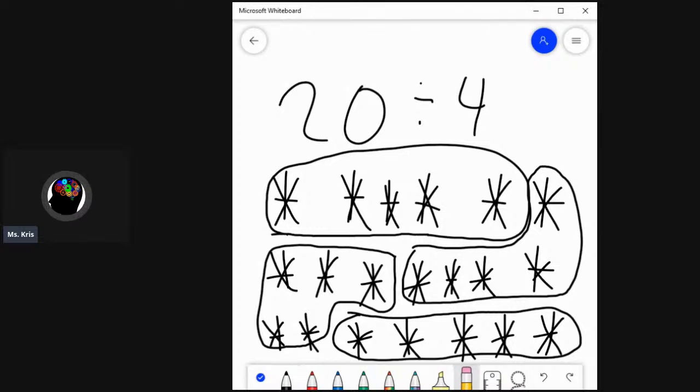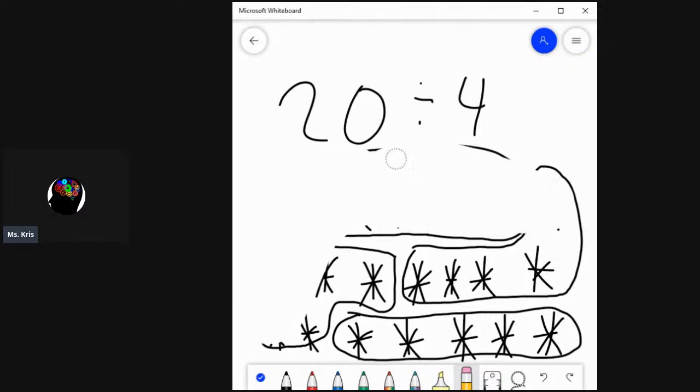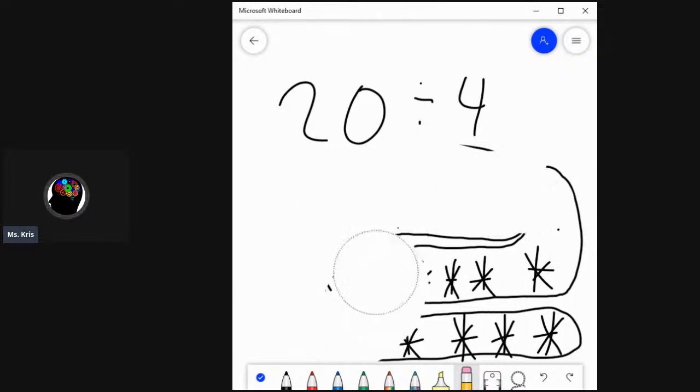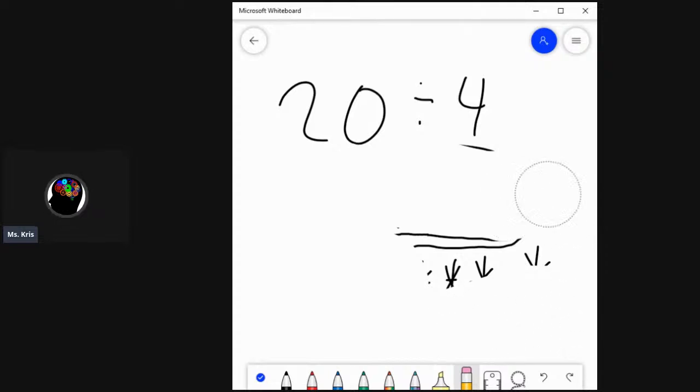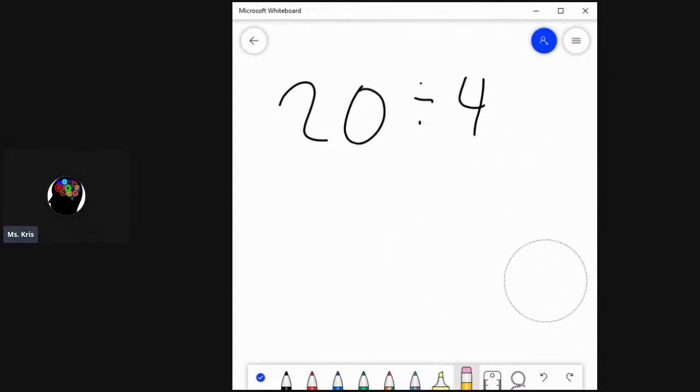Another example would be still using my 20 divided by 4. Say, for instance, I have a 2 by 2, which would be in total a 4-box flower pot.